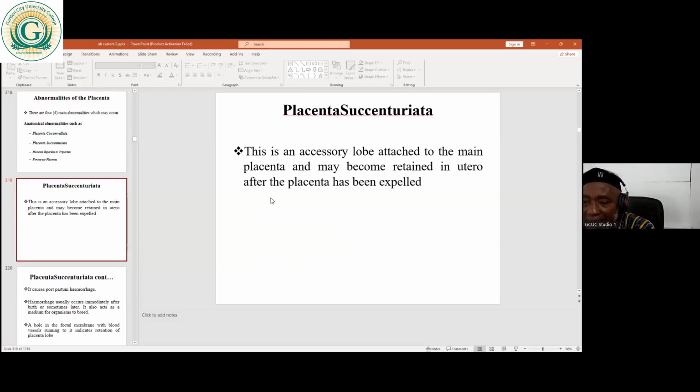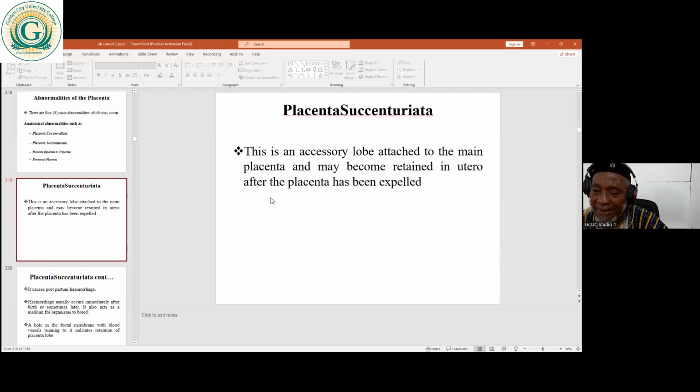The placenta is born, and you have another small placenta in the form of a lobe coming with it. That small placenta coming with it is what we call succenturiate, and therefore the name succenturiata.